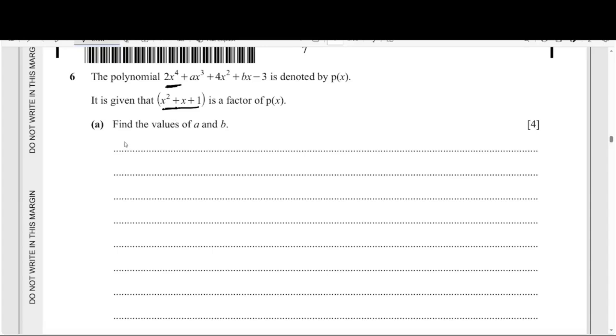So what that means is that 2x^4 plus ax cubed plus 4x squared plus bx minus 3, which is a polynomial, is equivalent to the factor given, x squared plus x plus 1, times another quadratic, because that is the only way you are going to produce this particular polynomial.